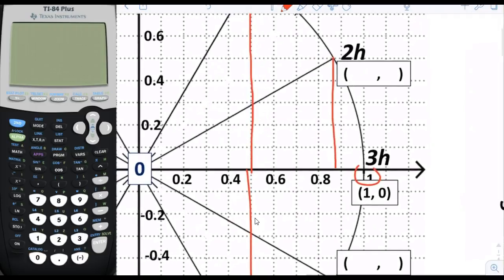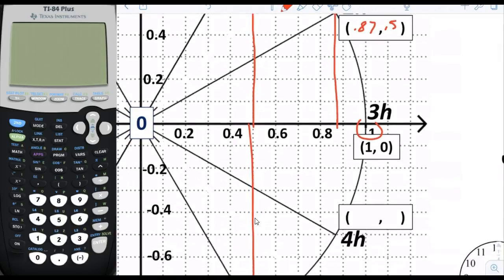How about this one here? This one looks like the x-coordinate would be maybe 0.87, and the y-coordinate would be 0.5. Then we're going to reflect this about the x-axis, and we're going to get 0.87, negative 0.5.